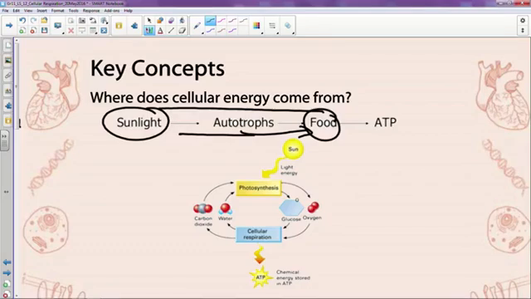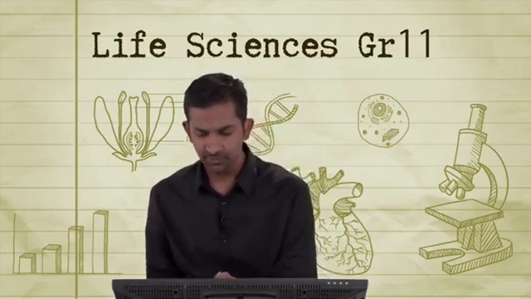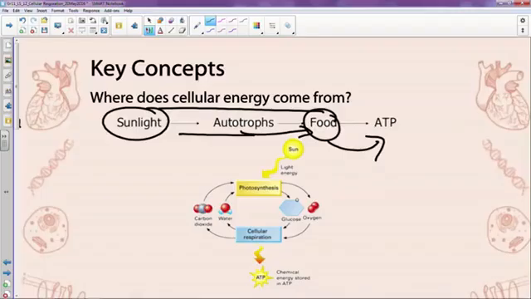They will consume some of the primary producers, and we in turn get our energy by eating some of the producers. And then finally, that food in the body is broken up to produce adenosine triphosphate, which is commonly known as ATP.